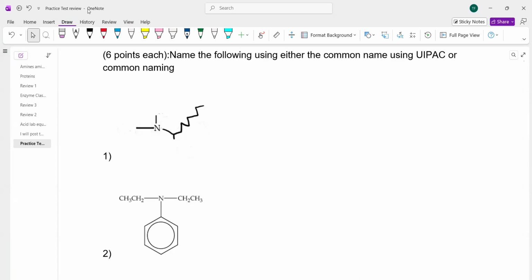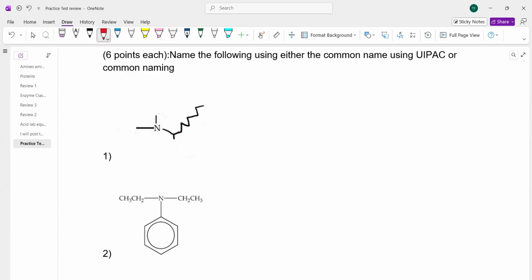All right, so we've got an amine, and we're gonna name this with the easiest naming, which is going to be the amino group as a branch.